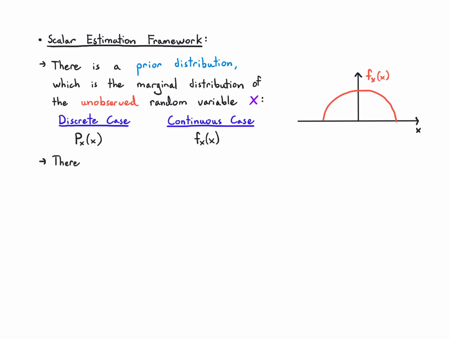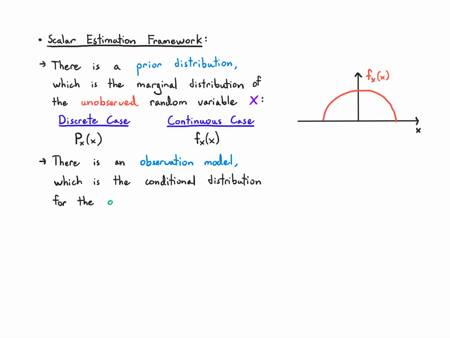We're also going to have an observation model. So this is how we collect our data about the thing that we care about. We don't observe it directly, but instead that's passed through a conditional distribution, and it generates some observed random variable. So we're going to see y, and y is what we're going to use to try to predict or infer x.